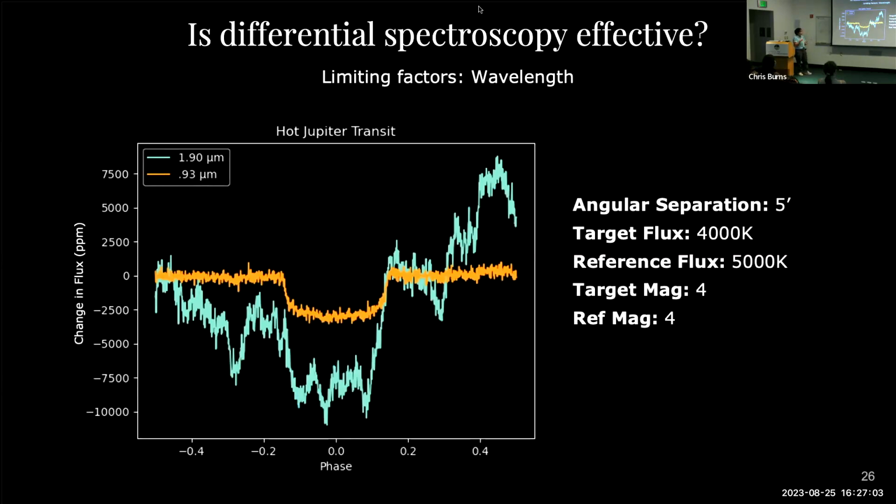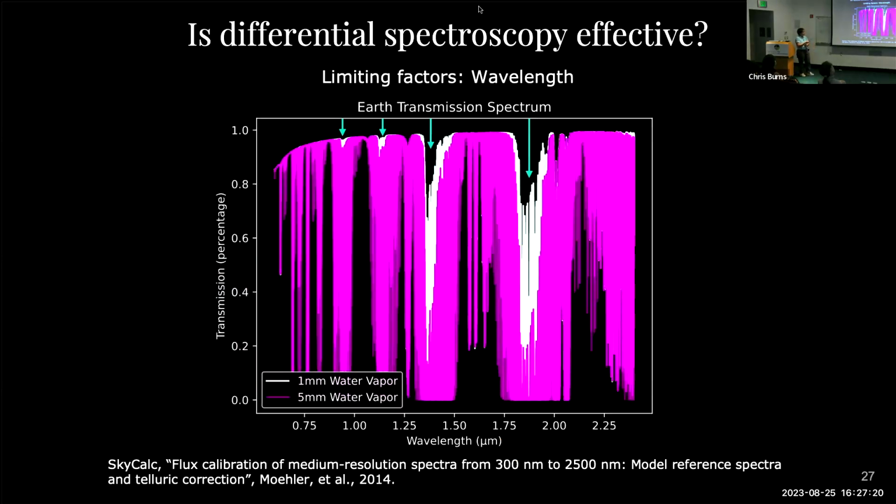We can see here I'm simulating a divided signal, so applying this differential spectroscopy effect for a light curve at 0.93 microns and then again at 1.9 microns. And we can see that the transit is much more visible at 0.93 microns than it is at 1.9. And we can actually trace this back to the depth of the water bands that we see in Earth's atmosphere. So that 0.93 micron transit is in this wavelength range right here.